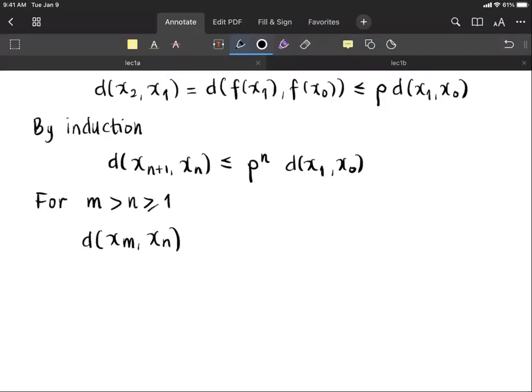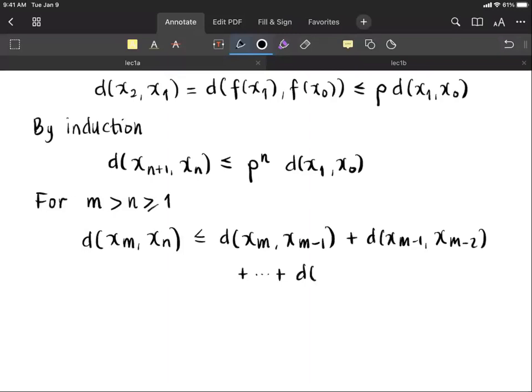Well, what we know is that we can estimate the distance between consecutive points. So here, we will apply the triangle inequality several times and put intermediate points. So here, we put x sub m minus 1. Then you have x sub m minus 2 until you reach the index n.